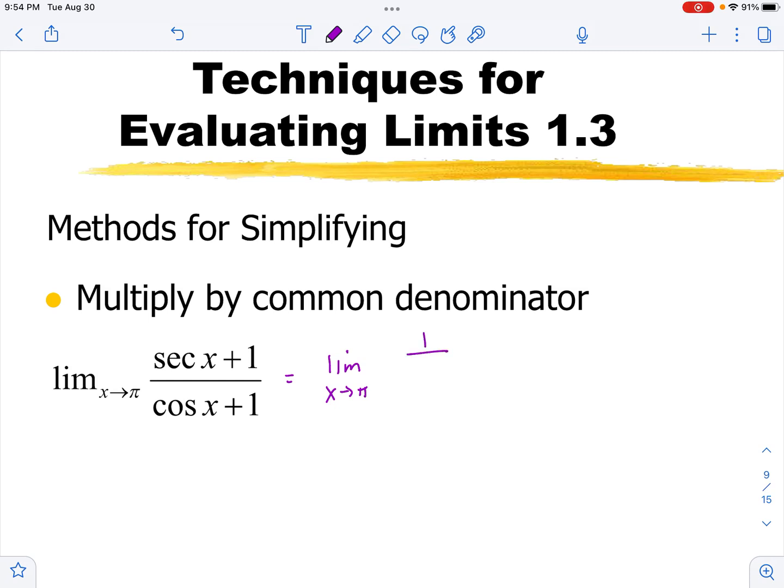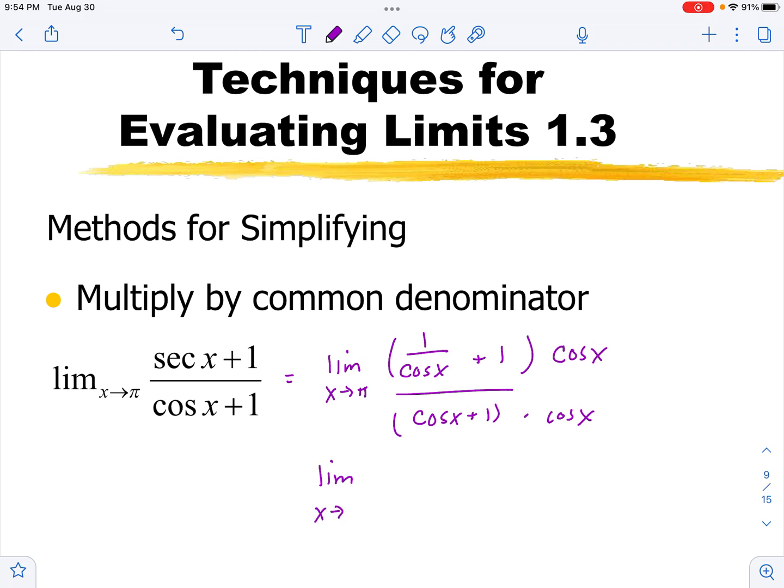We can rewrite secant as 1 over the cosine of x. When we do that, now we have our fraction within a fraction. So we are going to multiply at the top and the bottom by our denominator. So we're going to multiply by cosine of x.